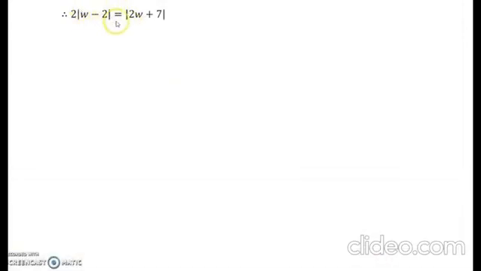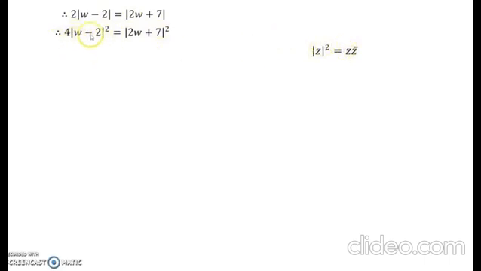The next thing, for removing this modulus, we need to take the square on both sides. After squaring on both sides, we will get 4|w − 2|² = |2w + 7|². Now, we know one complex formula, an important property of complex variables: |z|² = z z̄.